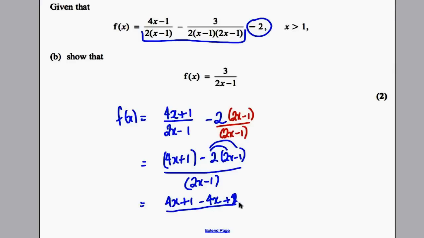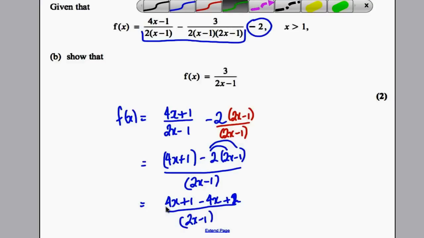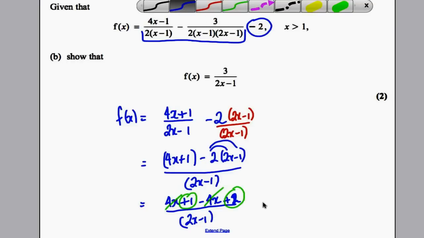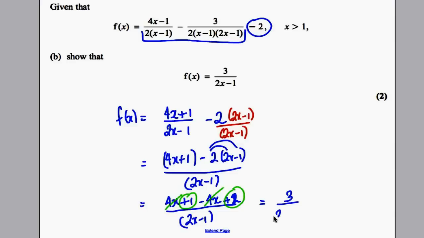Negative 2 times negative 1 is 2, all over 2x subtract 1. And as required, look what happens, 4x subtract 4x cancels, 1 add 2 is 3, so we get ourselves the 3 over 2x subtract 1 we're looking for. Easy 2 marks.